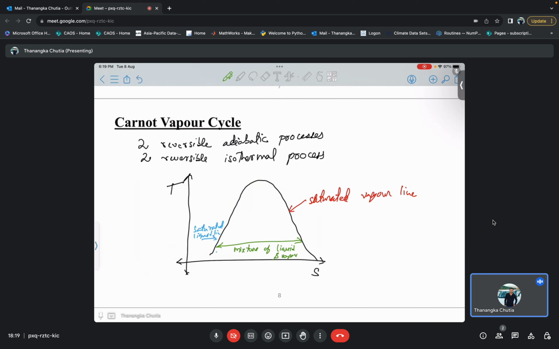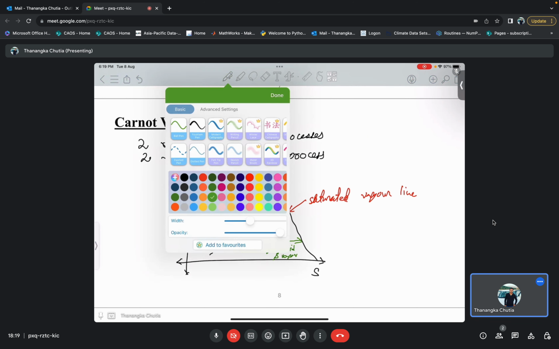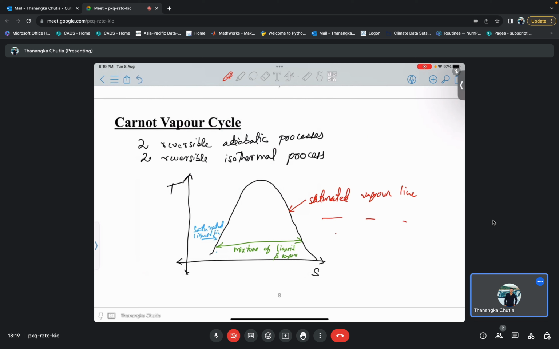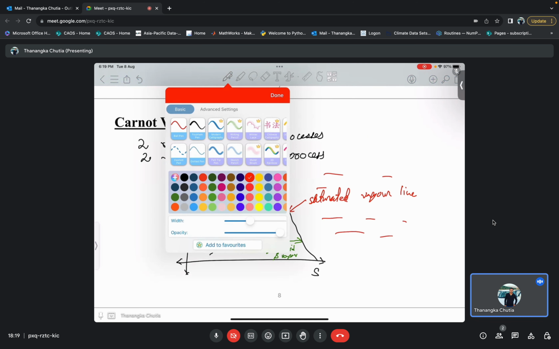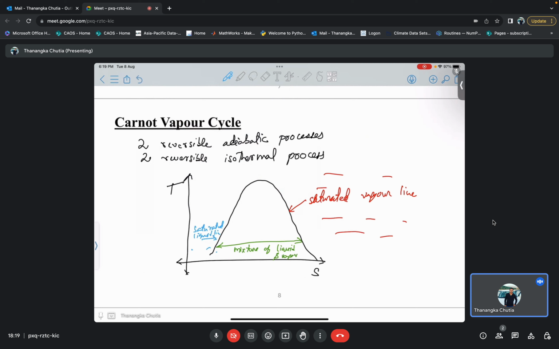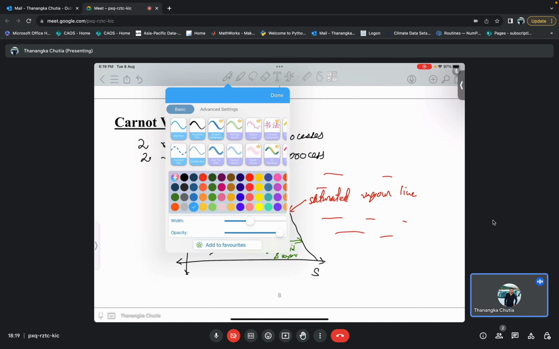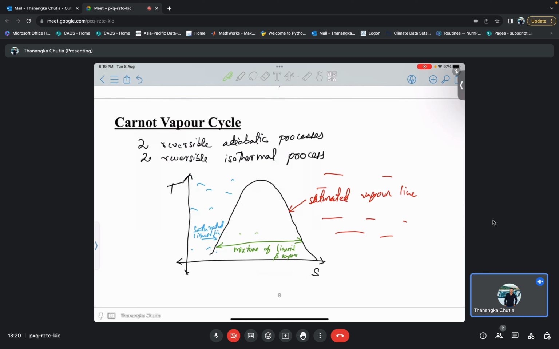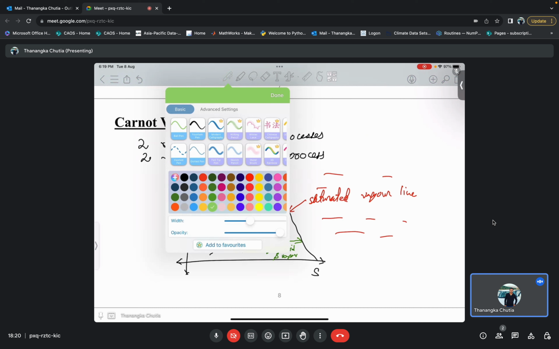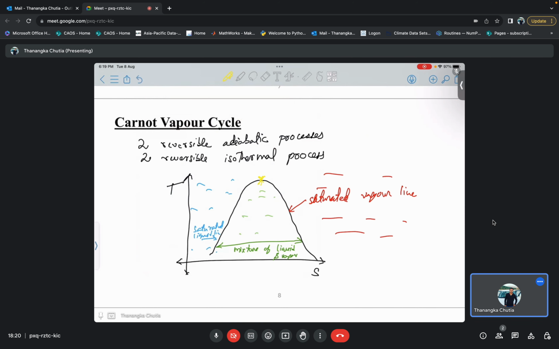So the red region is the vapor region, the blue region is the liquid region, and the green region is the mixture of both. The point where they intersect is your critical point.